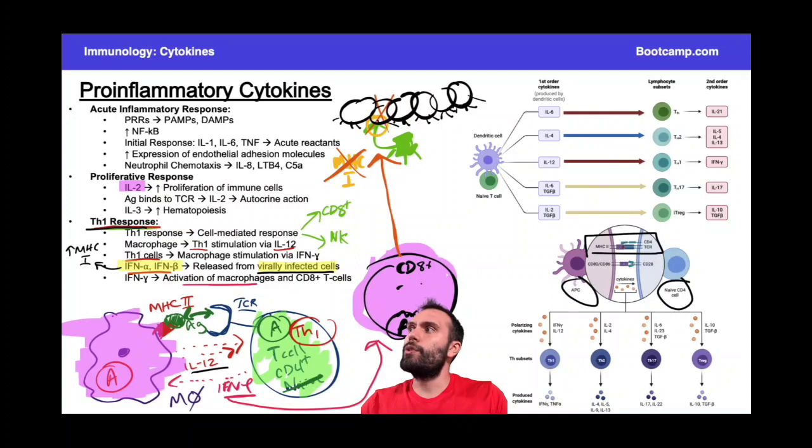Now, when we go into the different deficiencies and diseases, if you just understand this process, you can make complete sense of this. For example, if you have a patient that has interleukin 12 receptor deficiency, okay, so the receptor that binds to interleukin 12 here, let's just say that it's not there for whatever reason. If you don't have interleukin 12 receptors, then when the macrophage tries to activate the T cell to make T helper 1 cells, it's not going to work because the CD4 positive T cell doesn't have a receptor for it.